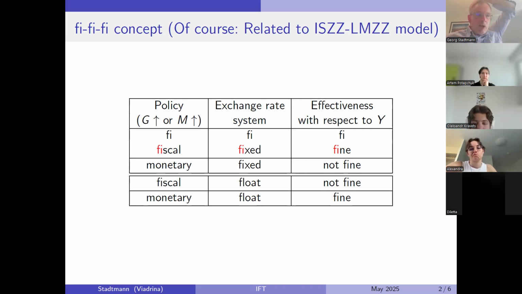The exchange rate reacts, depreciation occurs, and this leads to a positive expenditure switching effect. So monetary policy works in a floating exchange rate system, and fiscal policy works in a fixed exchange rate system.